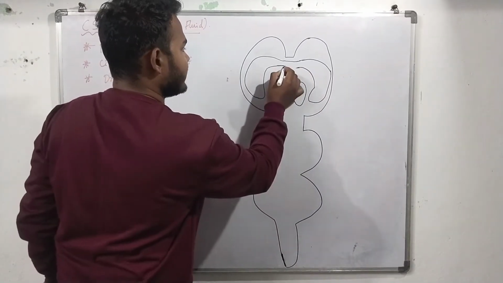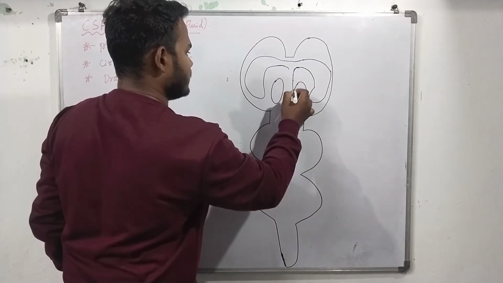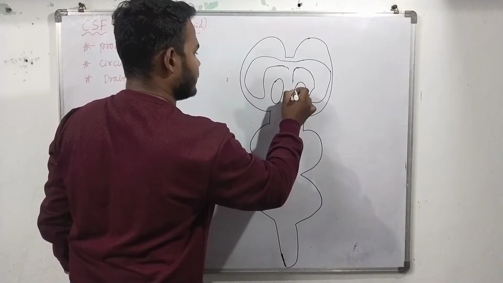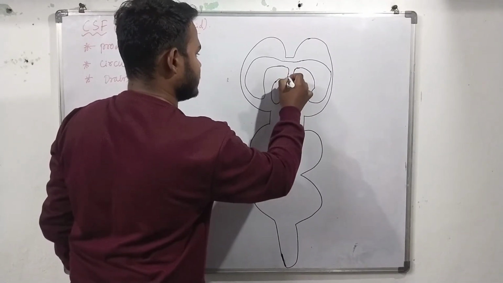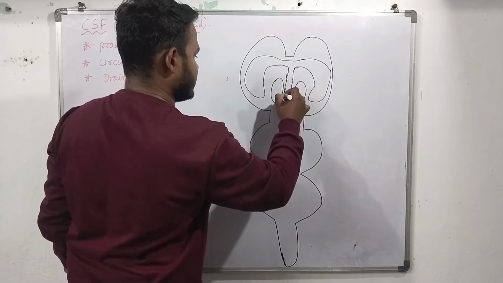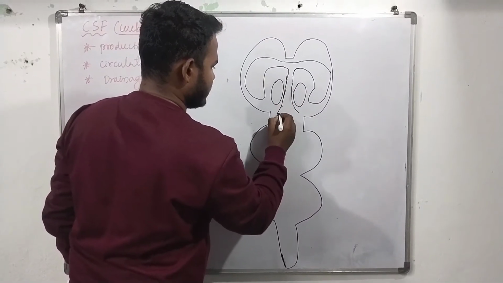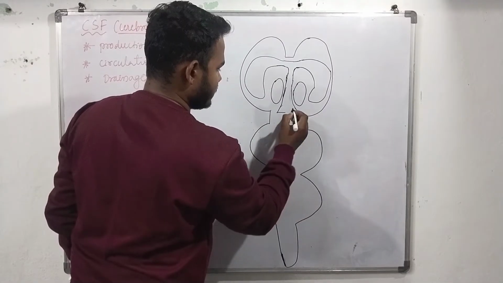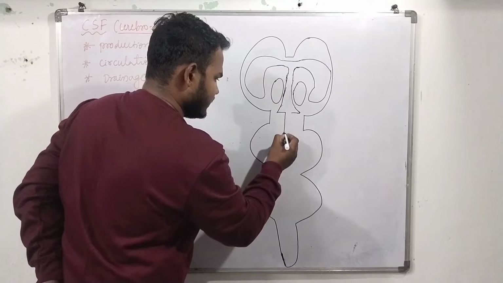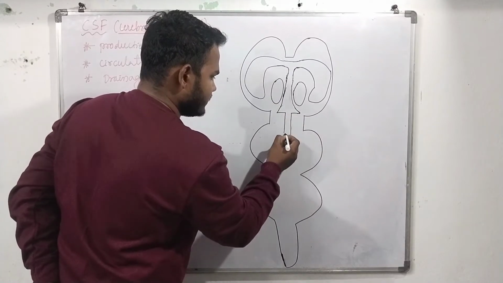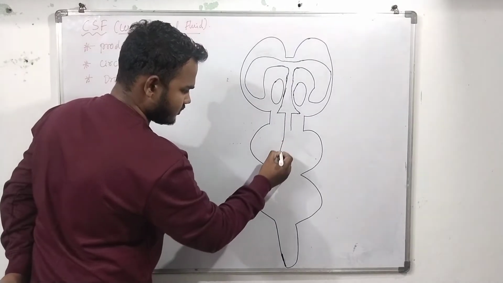These two lateral ventricles come around the thalamus, and there is a triangular ventricle that is known as the third ventricle, and this third ventricle leads into the, let me draw.